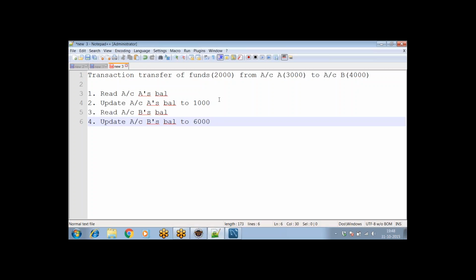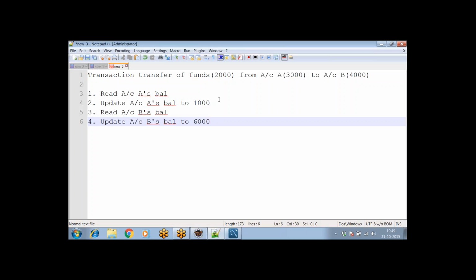So will there be an issue? Yeah. So what happens?